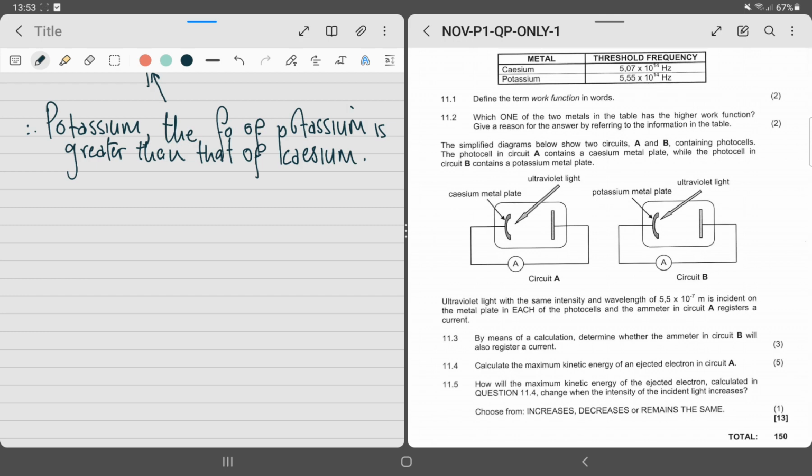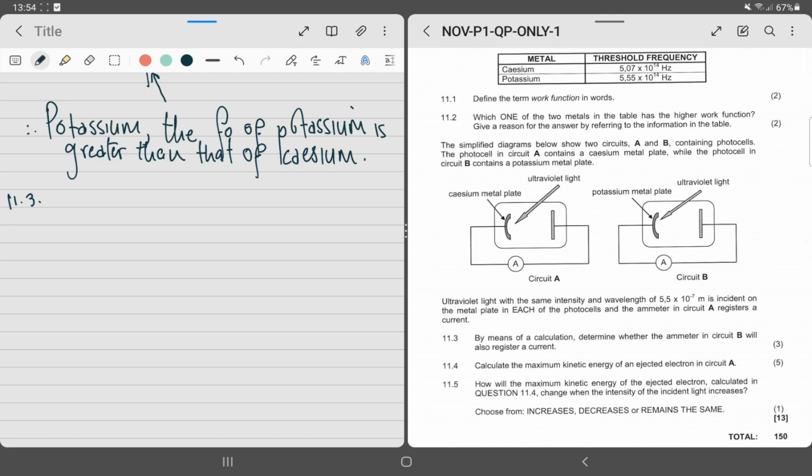Ultraviolet light with the same intensity and wavelength of 5.5 times 10 to the exponent of -7 meters is incident on the metal plate in each of the photocells, and the ammeter in circuit A registers a current. By means of a calculation, determine whether the ammeter in circuit B will also register a current.